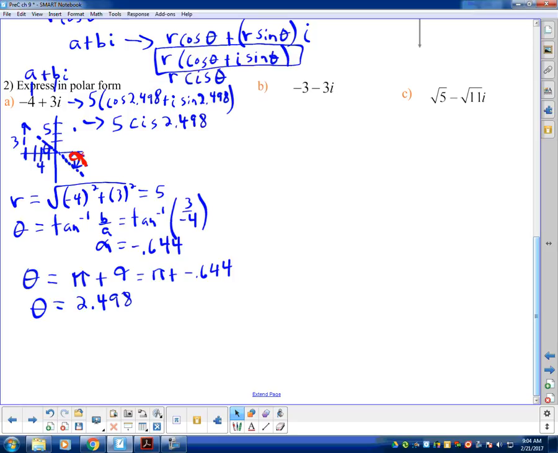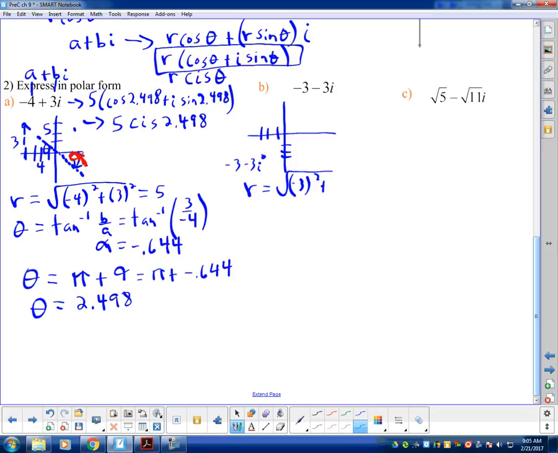All right, b. Let's see. Let's draw a picture of this. So negative 3, and then negative 3. This is negative 3 minus 3i. So real quick calculation for r. r is going to be equal to the square root of negative 3 squared plus negative 3 squared. 9 plus 9 is 18.